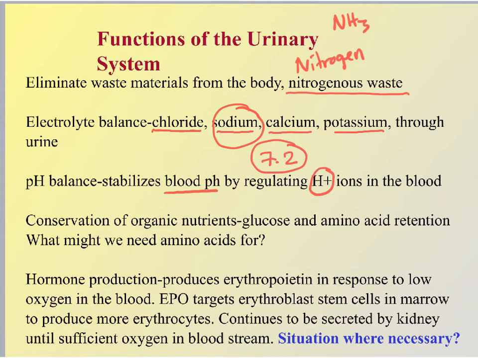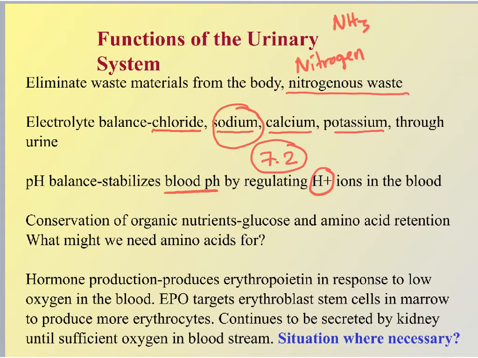So adding hydrogen ions in the blood will decrease the pH. Removing hydrogen ions from the blood will increase the pH. And so there are special locations within the kidneys that are going to be monitoring the amount of hydrogen ions in the blood and adding or removing those hydrogen ions based on the pH.